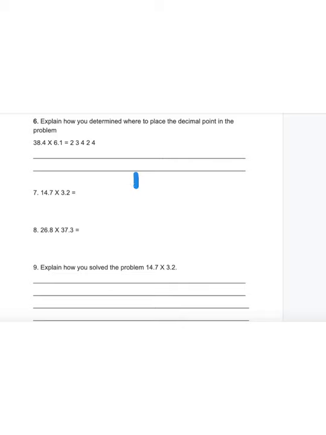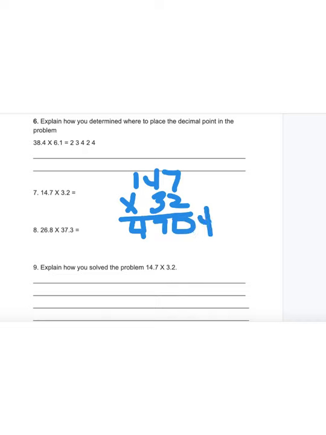So I'm going to do 147 times 32, and I'm going to get 4,704, and I'm going to once again make estimates. I can make my estimates 15 times 3, which is 45.